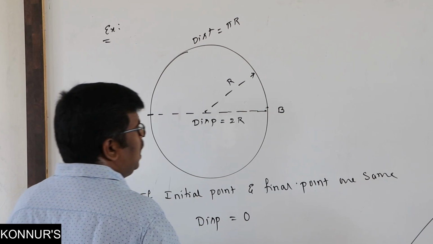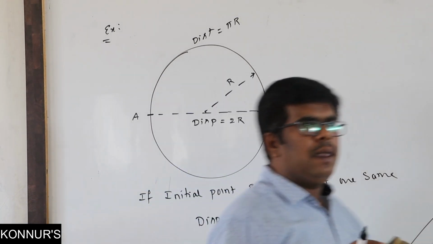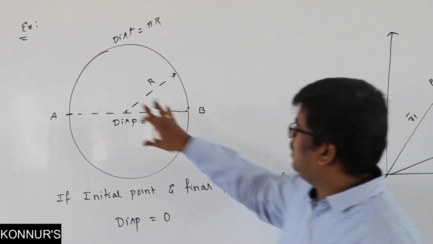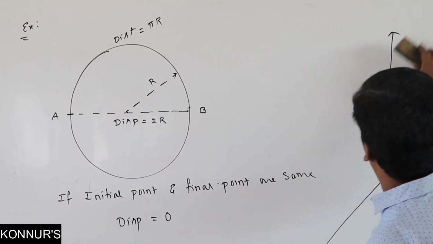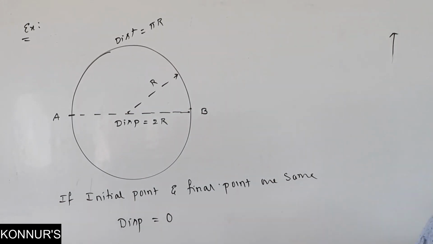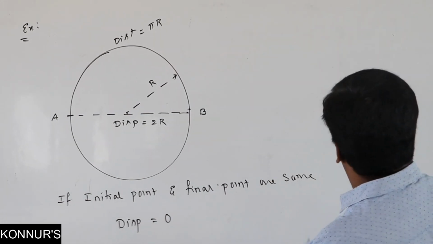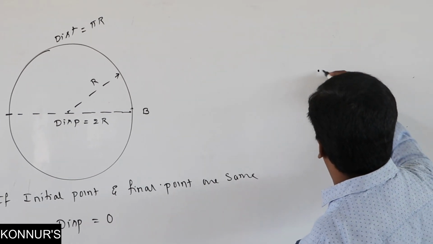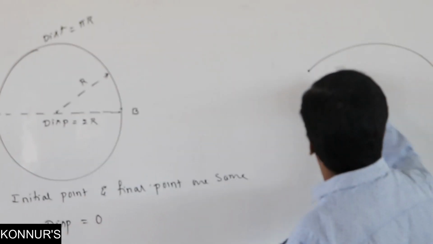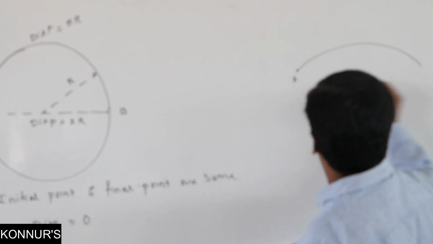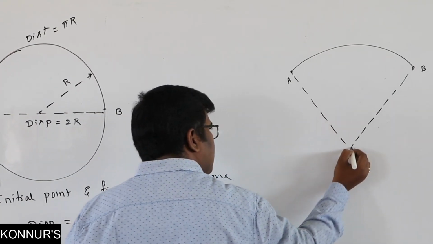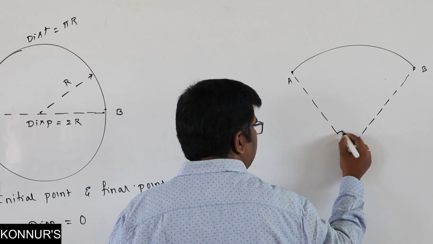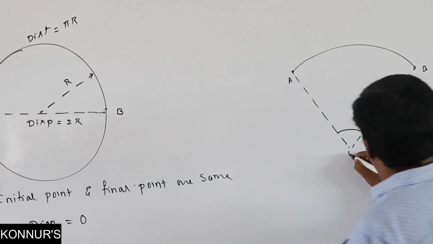Next we discuss the case where it is not a full circle but a circular path. A part of a circle is an arc shape. Suppose the body travels from point A to B along this arc, which subtends an angle theta at the center, and whose radius is r.